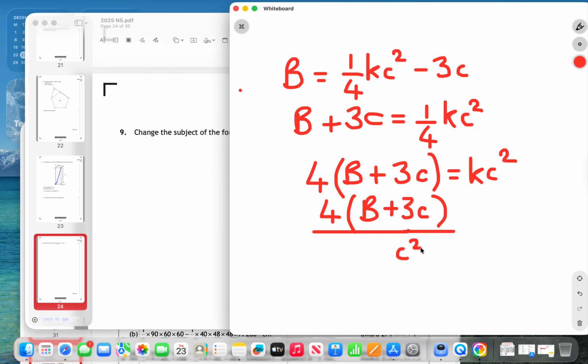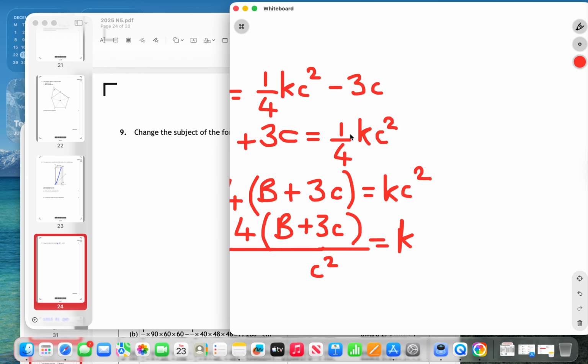I'll show you an example of what I mean. Now you can do it, but I really recommend you don't. So what you don't want to do is, you've got 1/4 KC squared. You can divide the whole thing at this stage by 1/4 C squared, and that means you're left with the K. So you can do these next two steps in one, but you're likely to get it wrong.